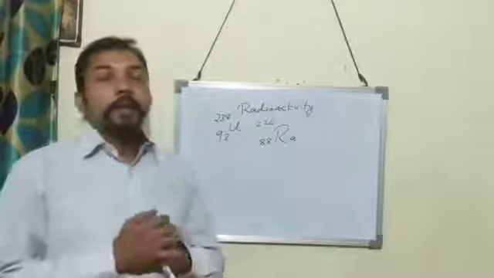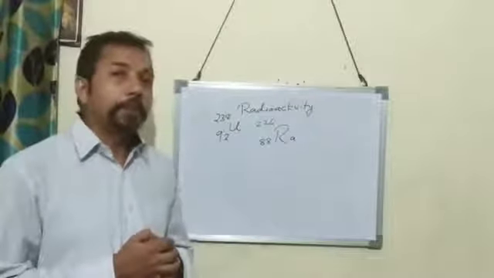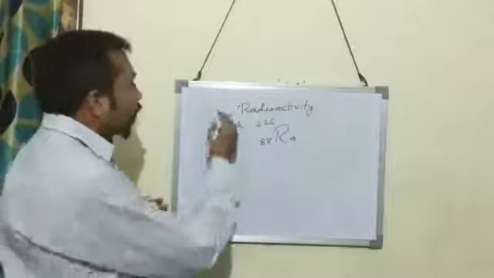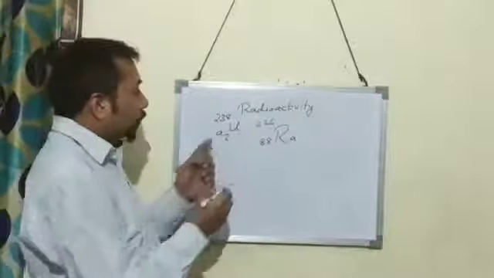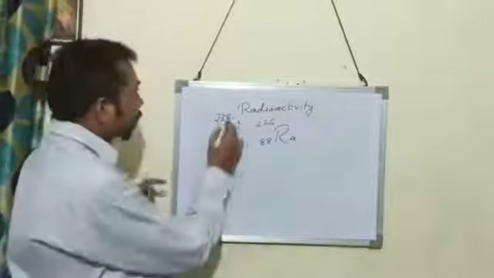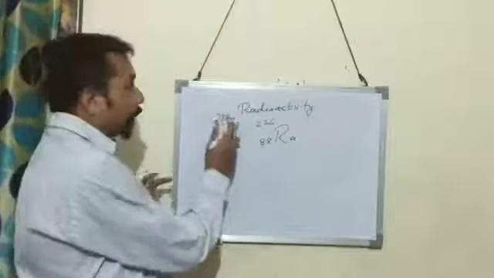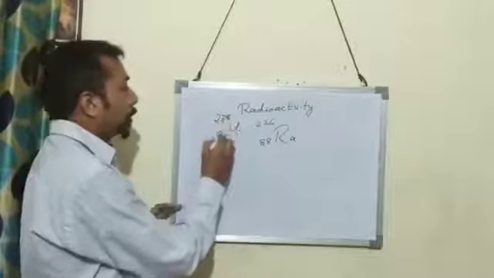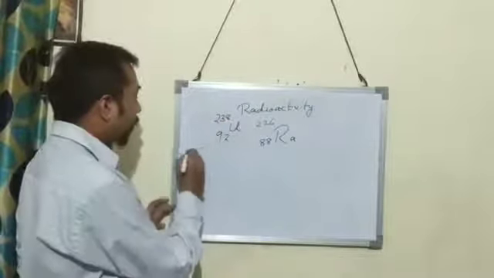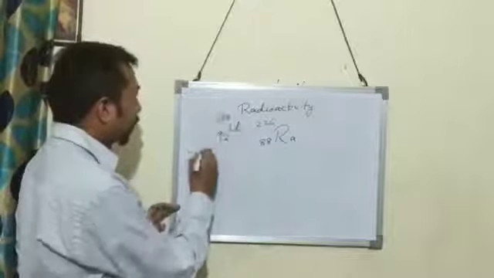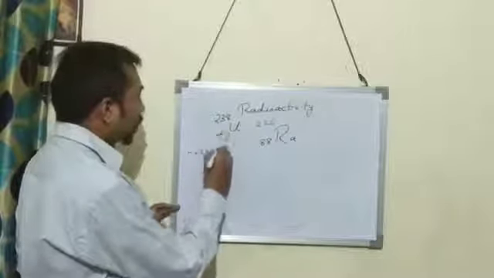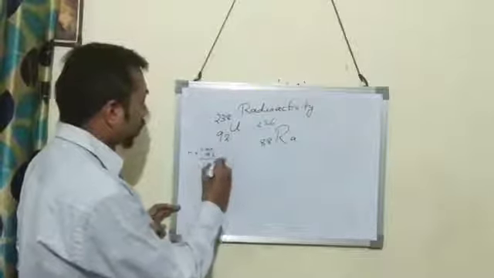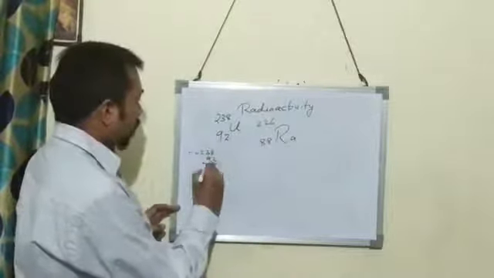So when does a substance become radioactive? What is the number of neutrons in uranium? The number of neutrons is the difference of mass number and atomic number. In this isotope of uranium, that is 238 minus 92, which is 146.